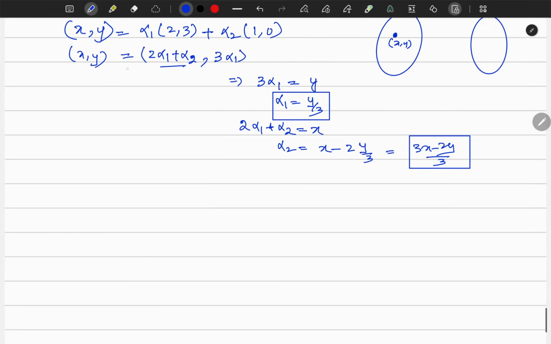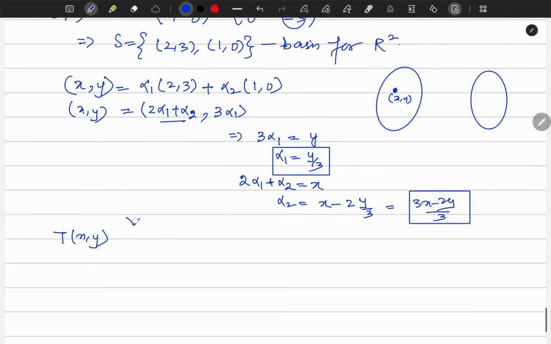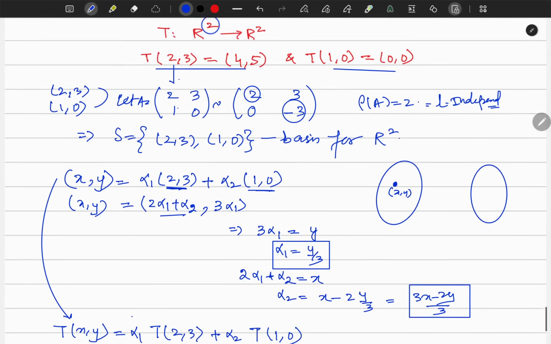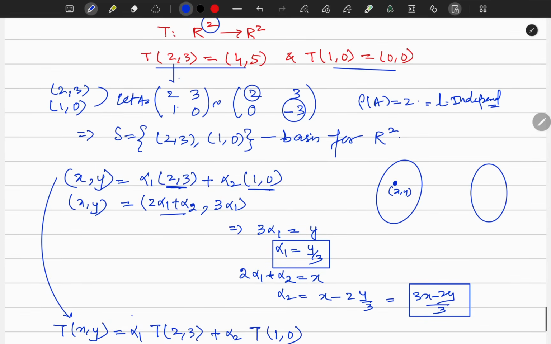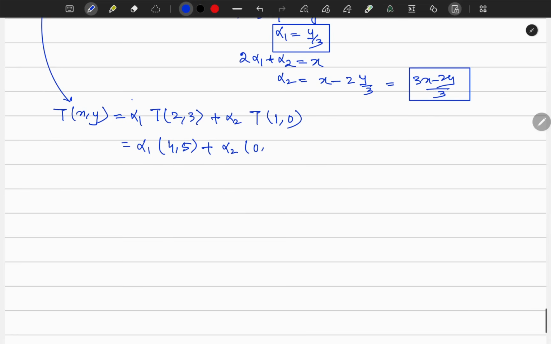Now don't do anything, just apply the T of x comma y here. Apply the T on both sides. Since T is linear, it will distribute. You know the value of T of this one and T of this one. So it will be equal to alpha 1 T of (2 comma 3) plus alpha 2 T of (1 comma 0). You know T of (2 comma 3) is (4 comma 5), so you write alpha 1 (4 comma 5) plus alpha 2 times T of (1 comma 0), which is given as (0 comma 0).